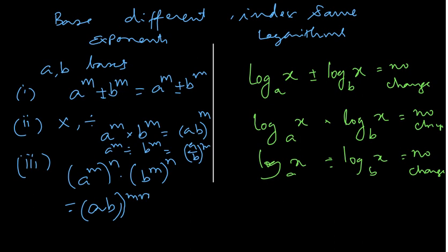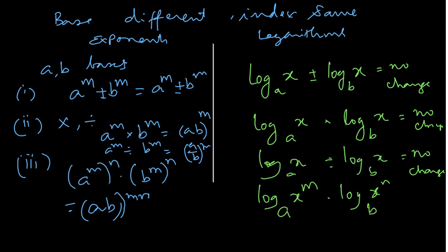Okay, and here there is no such thing, but let's write that actually. You have log x to the power of m to the base a, and whatever is the thing multiplied by log x to the power of n to the base b.